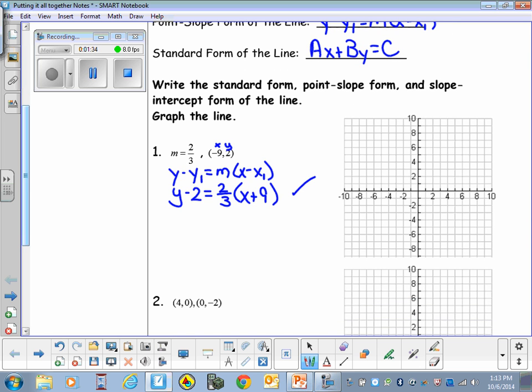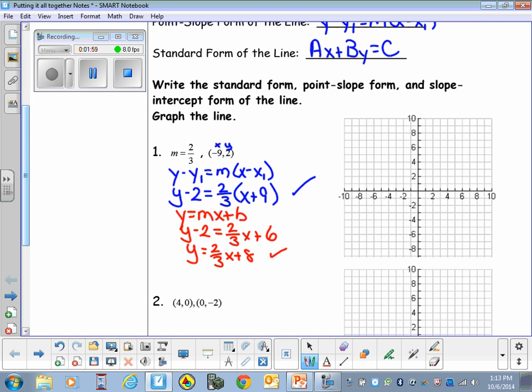Now I want to go ahead and turn this into slope-intercept form, which is y equals mx plus b. So I'm going to distribute the 2/3. Y minus 2 equals 2/3 x plus 6. And then add the 2. So y equals 2/3 x plus 8.